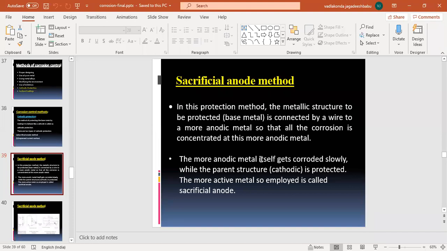After some time, the anodic metal will be completely corroded, so we can replace that corroded metal with fresh metal and again protect our metallic structure.